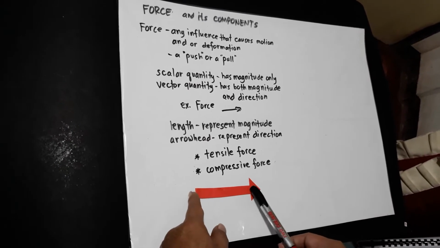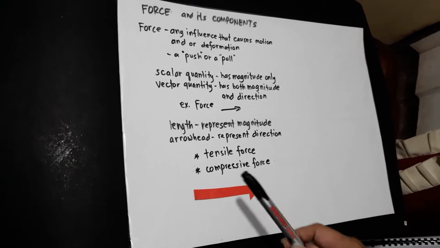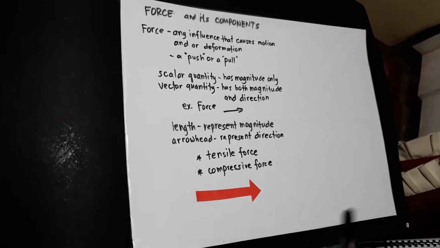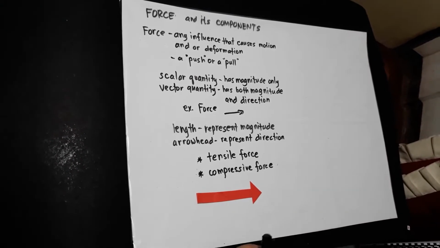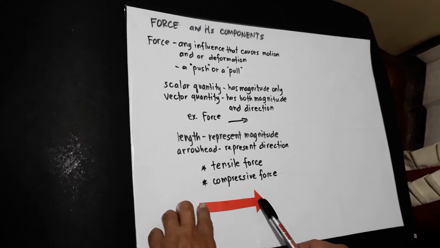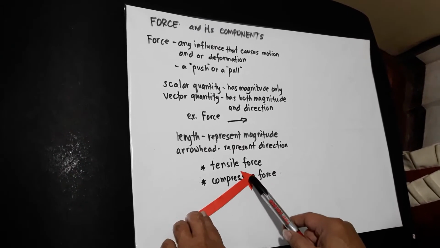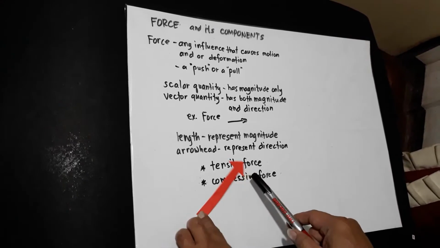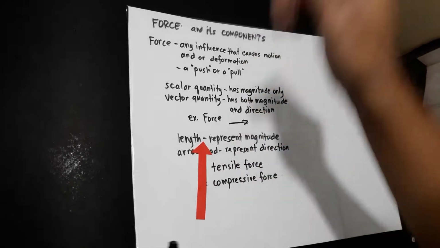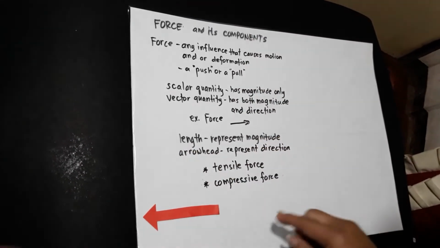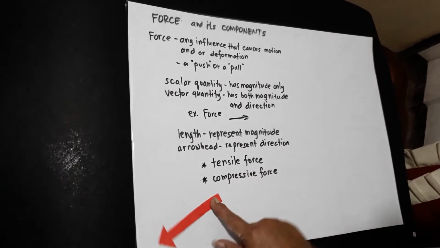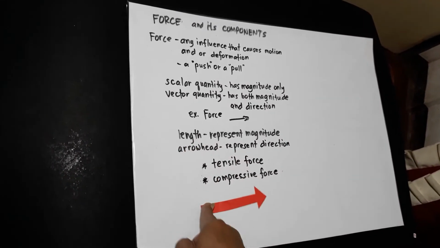And if this length is shorter, it means that it has a smaller force. The direction of the arrow will describe where the force is going, whether upward, leftward, downward, or any other direction for that matter.